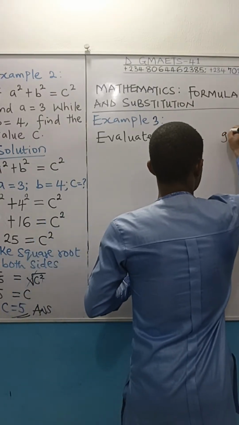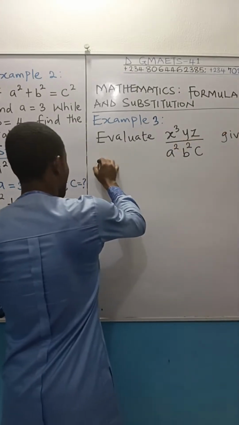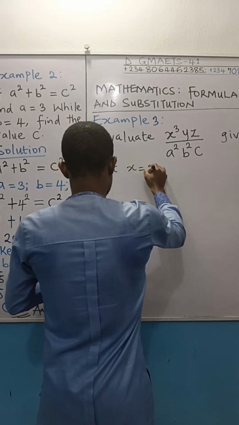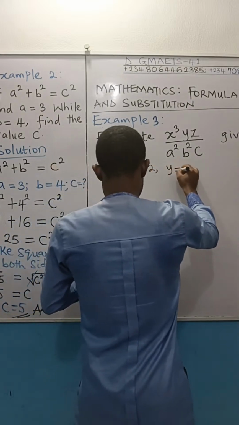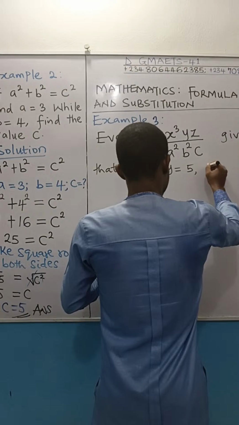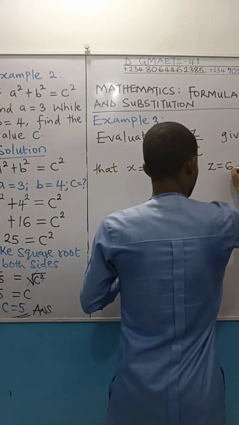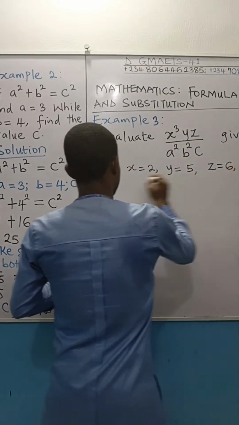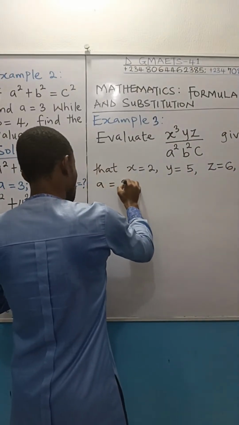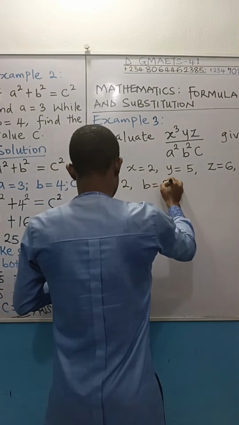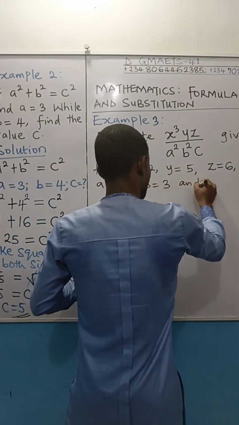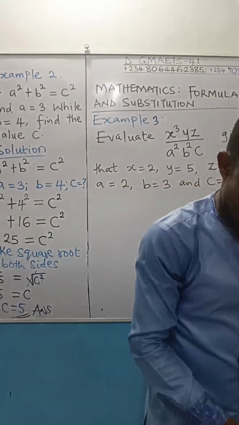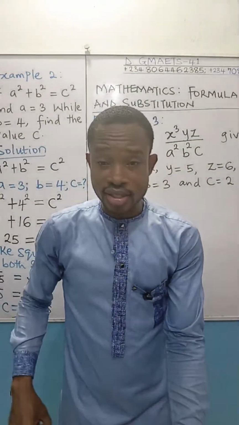Given that x equals 2, y equals 5, z equals 6, a equals 2, b equals 3, and c equals 2. So this is the question that we had. And like I said, that is the last question.